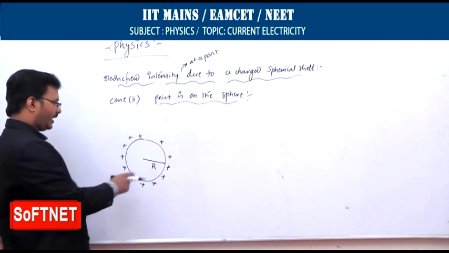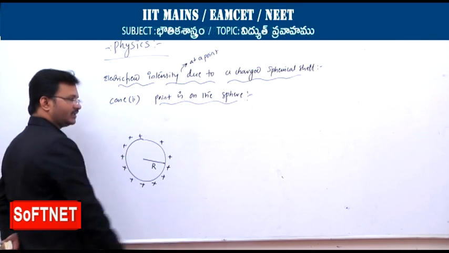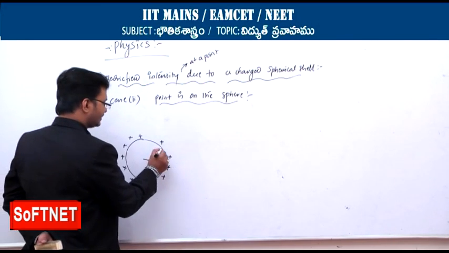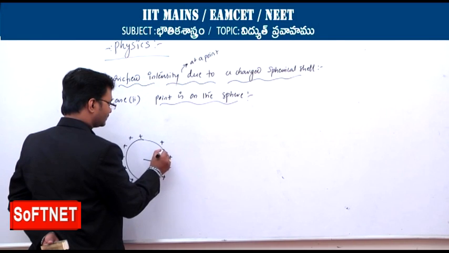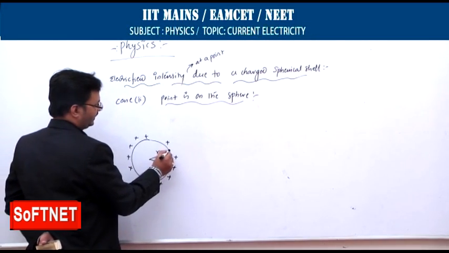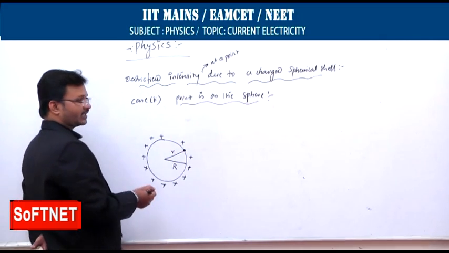Already we got the electric field intensity when the point is outside. Now the point is existing on the sphere, at a smaller distance, and at this point we need to find the electric field intensity.